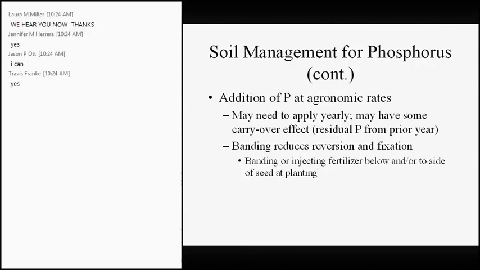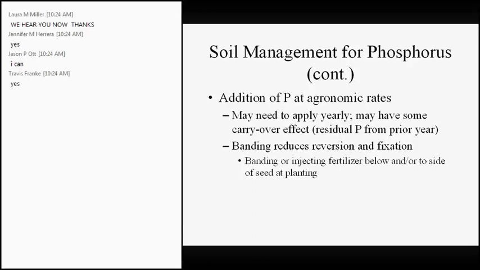That agronomic rate is based on the crop and the yield goal, and it's based on a soil test that has been calibrated to conditions in your particular area. So this may need to be applied on a yearly basis, but it may only need to be applied every other year. It just depends on what's going on.